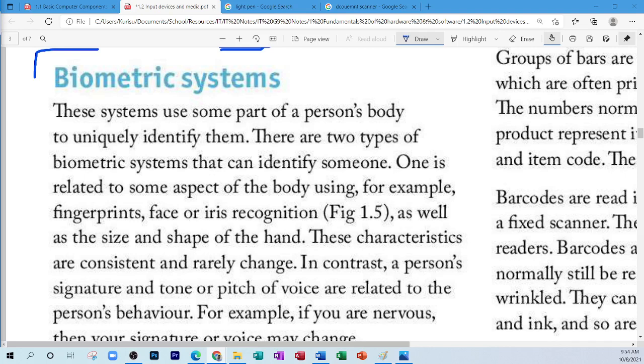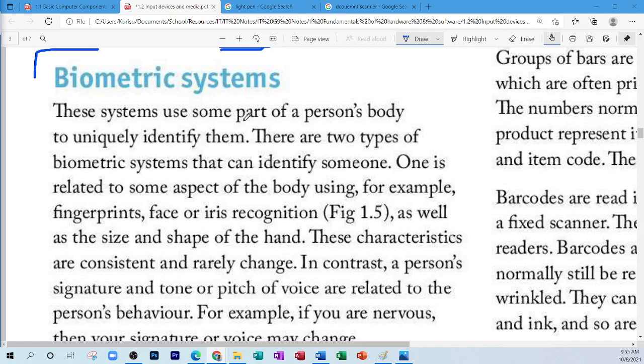Biometric systems. These systems use some part of a person's body to uniquely identify them. There are two types of biometric systems that can identify someone. One is related to some aspect of the body using, for example, fingerprints, face or iris recognition, as well as size and shape of the hand.